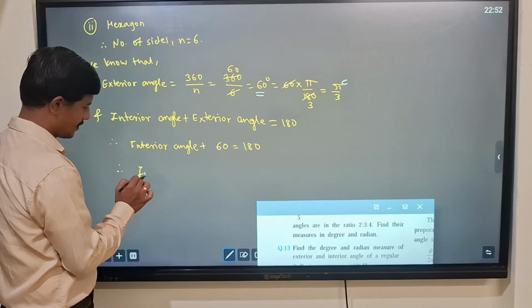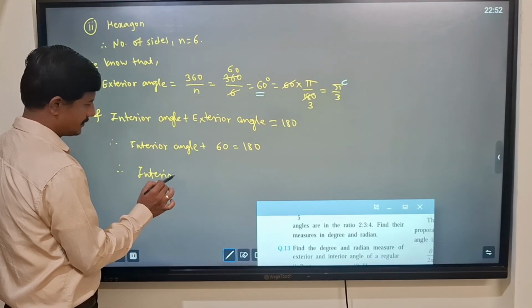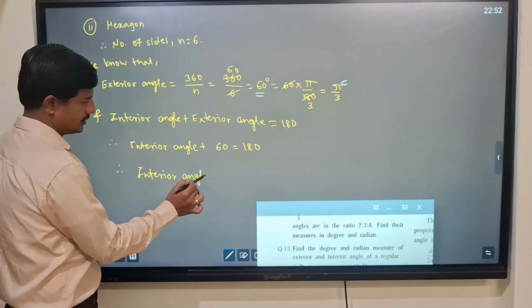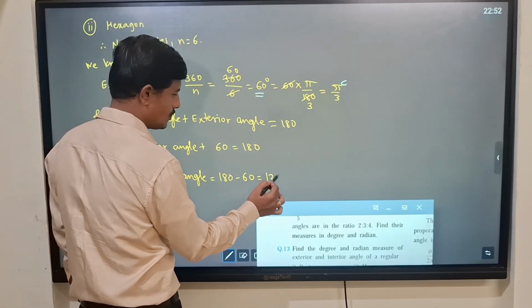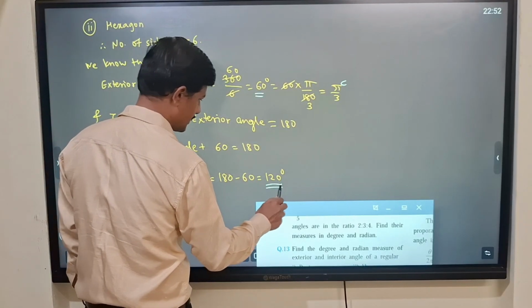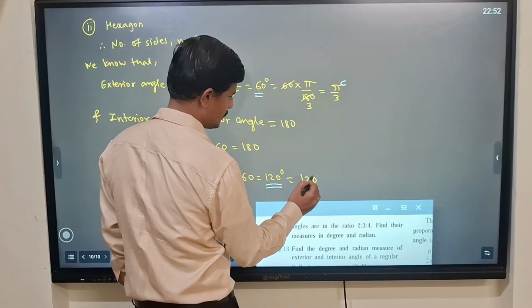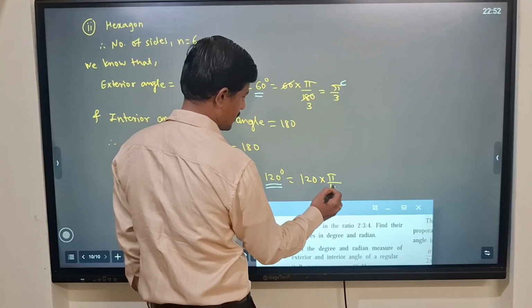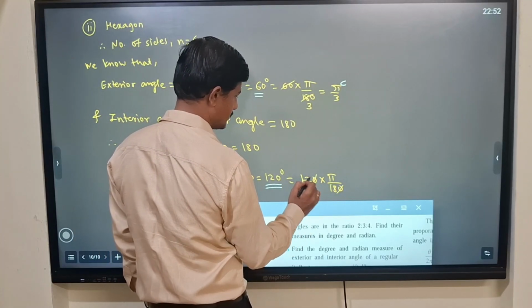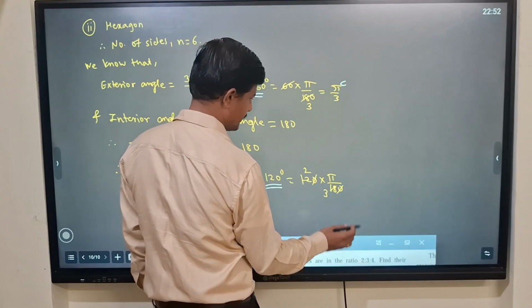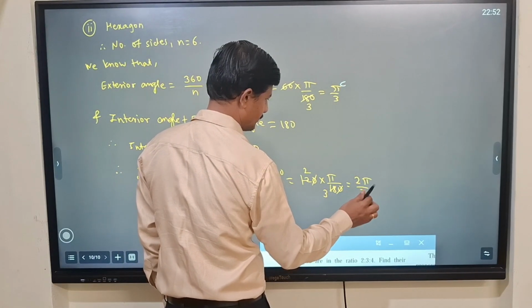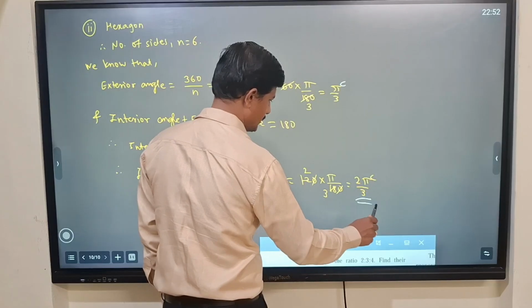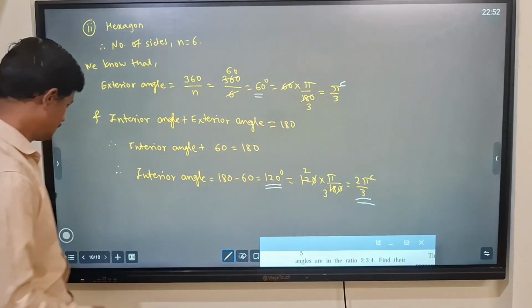Therefore, interior angle becomes 180 minus 60 equal to 120 degrees. That in radian is 120 into pi by 180, 0 0 cancels, 6 2s are 6 3s are, so this becomes 2 pi by 3 radian. This is for hexagon.